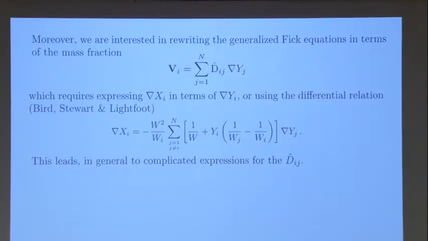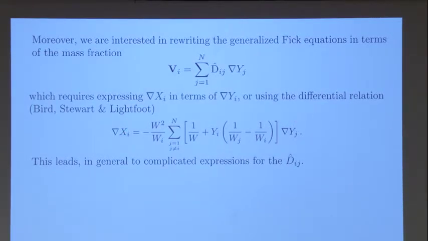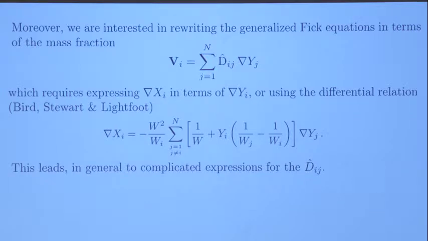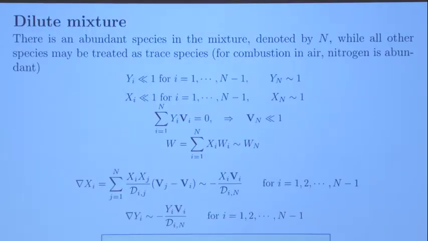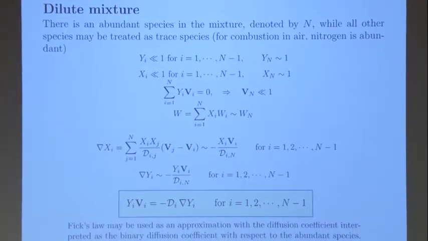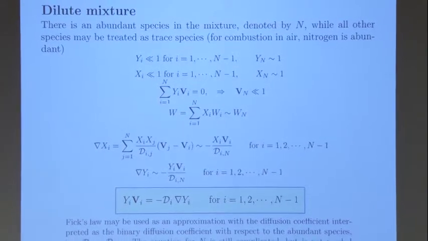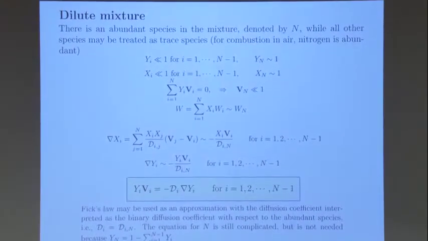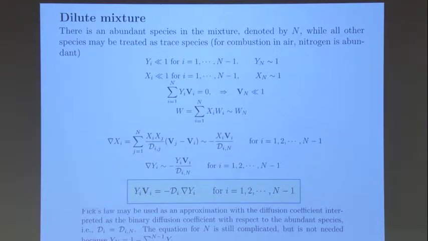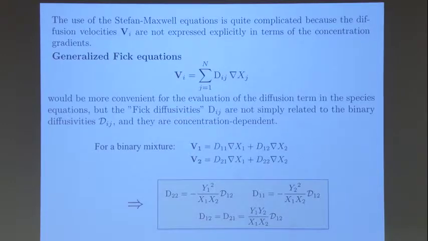And the relation is such that the gradient of xi and the gradient of the different y's are not simply correlated. It's more involved. It depends on the molecular weights and the change in the molecular weights and so on. So you can get quite complicated expressions for this Dij. These were just a few comments about what I call the generalized Fick equation.